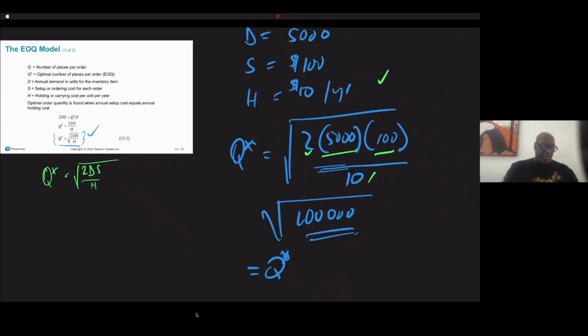Sometimes we express the holding cost as a percentage of the price of the item. So we could have this as I, the interest rate, times the unit price of the item, or the unit cost of producing the item. All right. For this example, our answer would just be the square root of 100,000, whatever that turns out to be. And we work with that, okay?